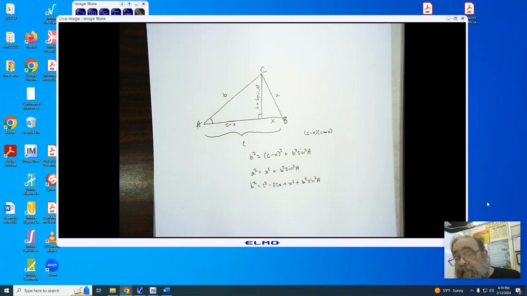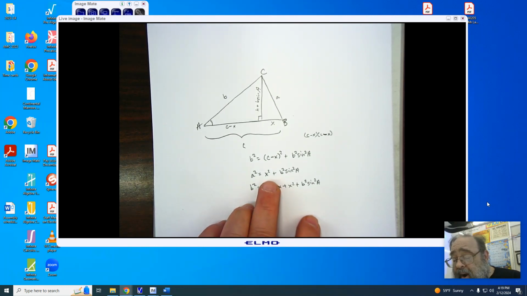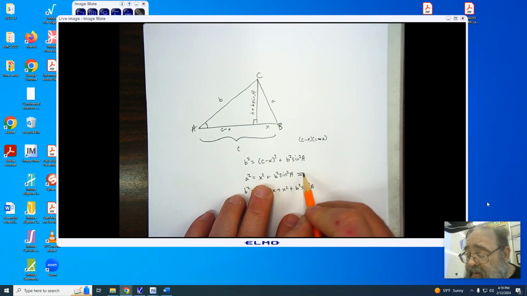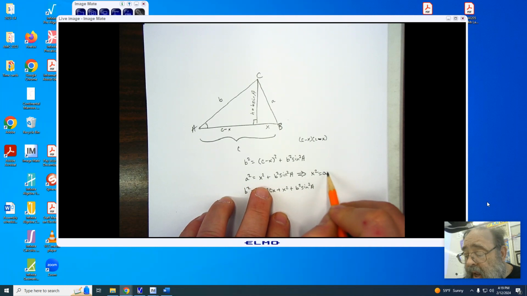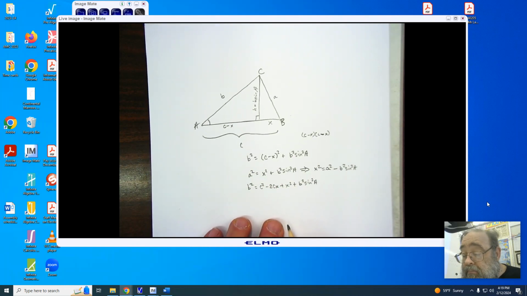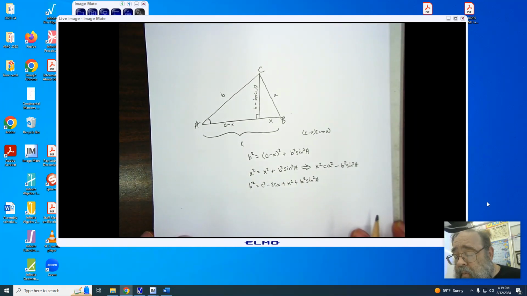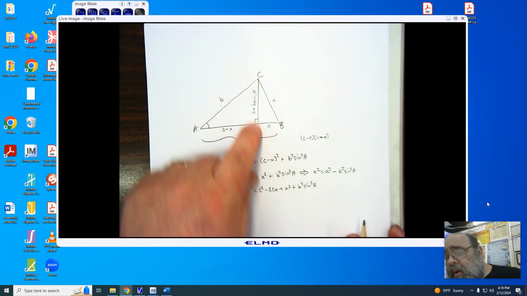There we go. Now, once we have it, we're going to need to try to get rid of the x's. So I'm going to get rid of my x by first solving x, right here. And I know that x squared is going to be a squared minus b squared sine squared of a. Well, that helps. But what's x? Well, in order to find x, I'm going to look at this triangle here.